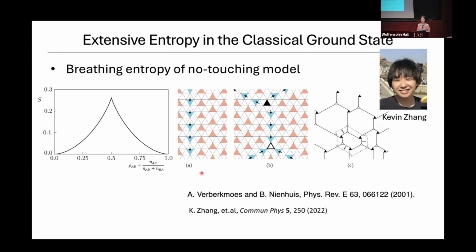So here we are starting with one configuration where none of the orbitals are touching, the triangles are arranged so that they're not touching. If I try to flip just one from here over, I will immediately run into touching the other orbital. But if I keep flipping, which we call the flip line, going across the entire system, I arrive at another legal configuration.